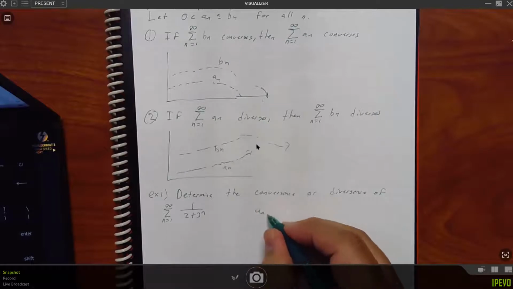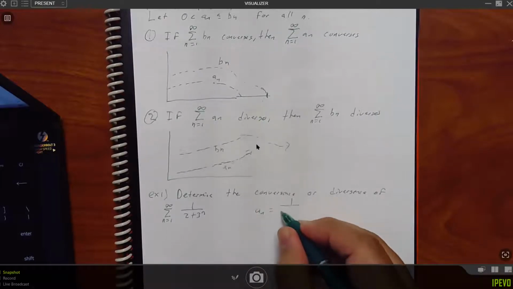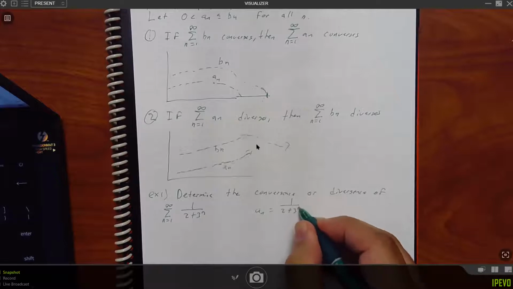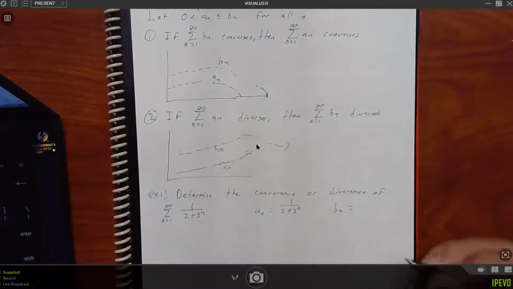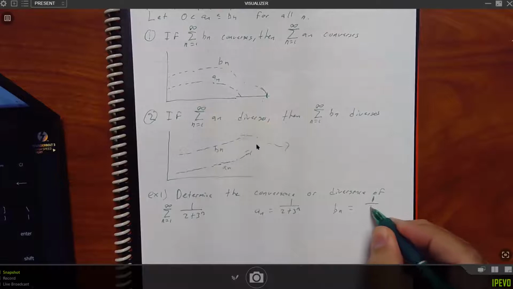So my a_n is the sequence we're summing, a part of the series. b_n must be chosen by us. Use something similar to a_n. I can choose this guy because I know what this is doing.